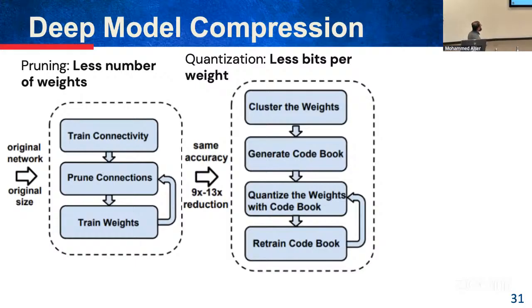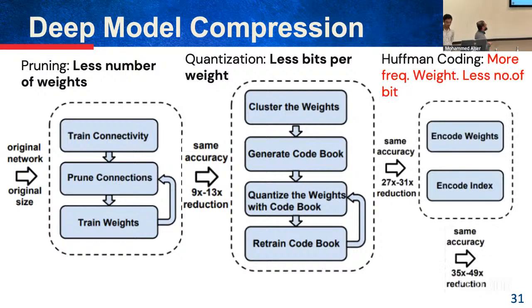And here they do the work in this way. After the first pruning of weights, they do some clustering using a K-means-like algorithm, and then they get some centroids. They make the centroids a codebook, and then use the codebook to replace the weights corresponding to the centroid.